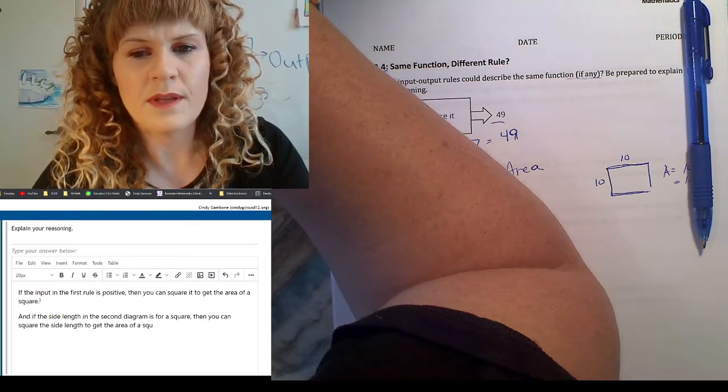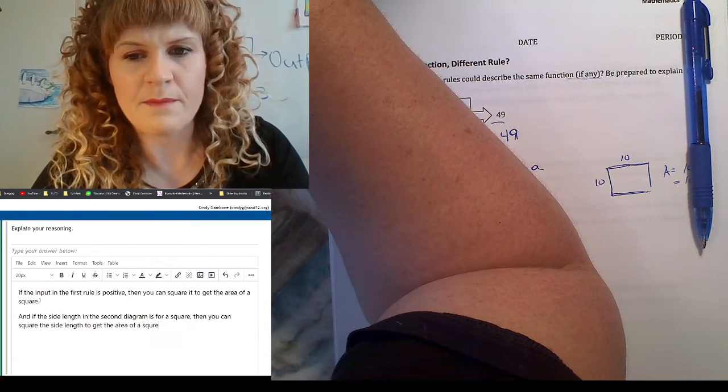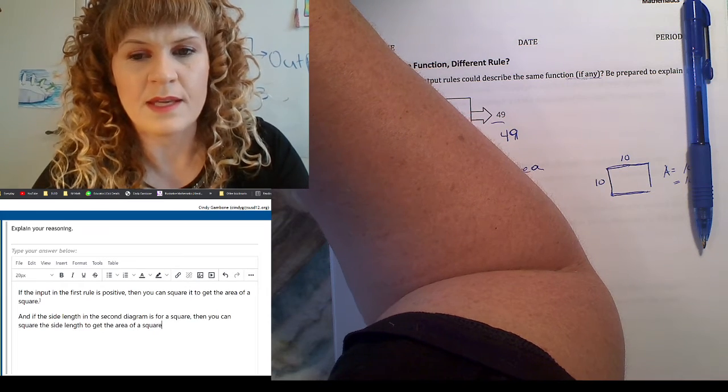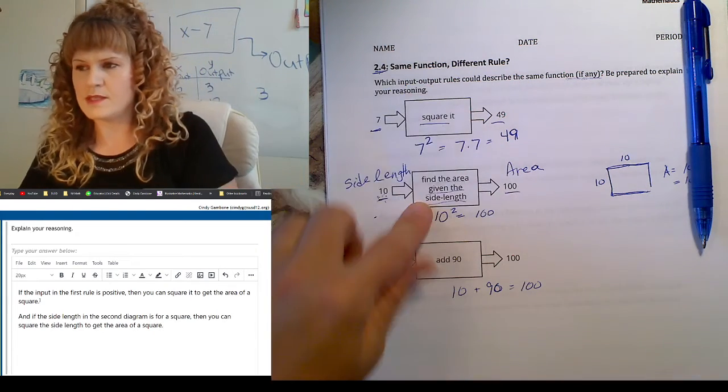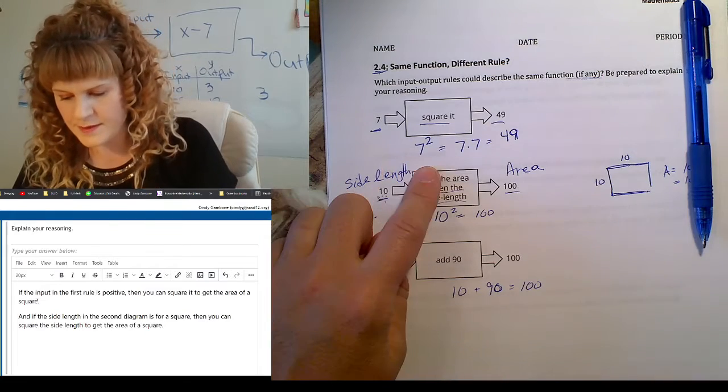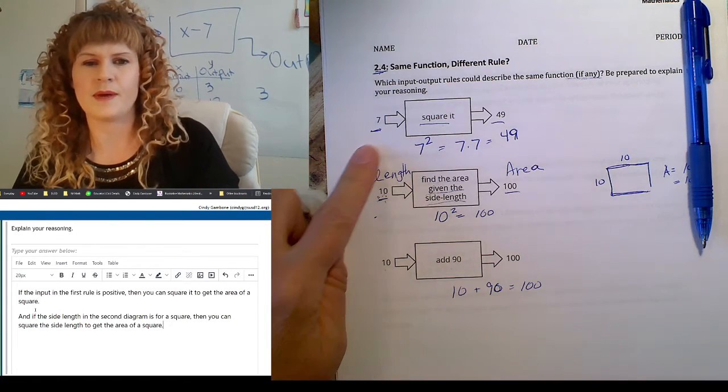So if so, then they are the same function. Both of them do the same thing. These two are the same functions if it's a square, if the input is a positive number.